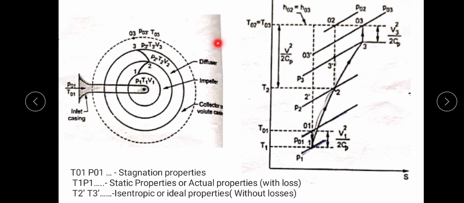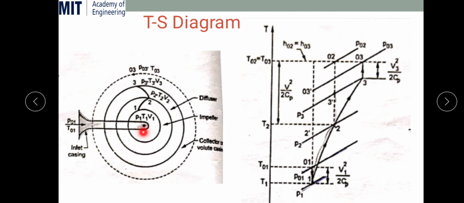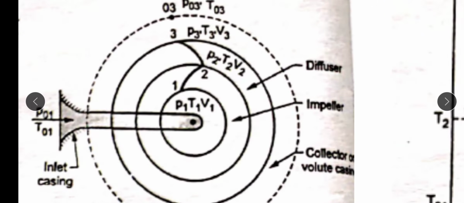Now why is the inlet pressure, that is P01 and T01, shown as stagnation properties? Because P01 and T01 are the atmospheric pressure and temperature of the air, and P1, T1 and V1 are the properties of air at the inlet of the impeller. Stagnation properties are those properties at which fluid is brought to rest or considered to be at rest.